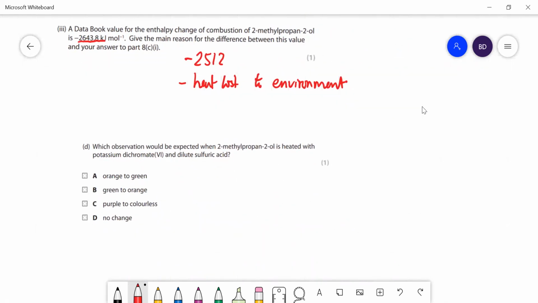Okay, which observation would be expected when 2-methylpropan-2-ol is heated with potassium dichromate? Well, just to draw the structure out again, it's like this. What kind of an alcohol is that? It is a tertiary alcohol. That means you can't oxidize it, so there will be no oxidation.